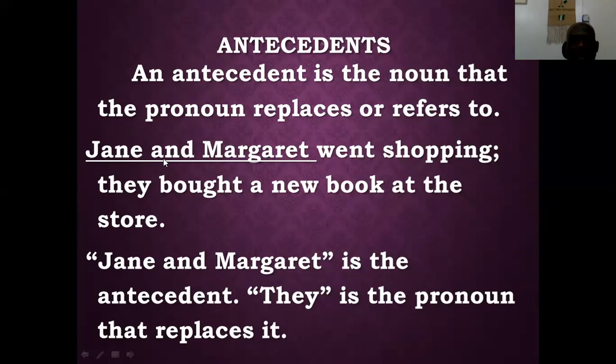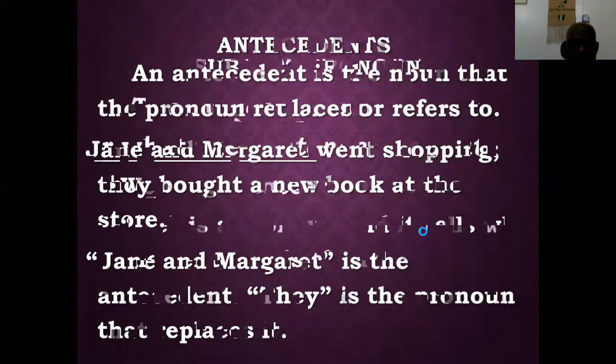They bought a new book at the store. Now, Jane and Margaret is the antecedent. They is the pronoun that replaces it. So see that before a pronoun is used, we must have employed a noun. We don't just use a pronoun without having employed a noun in a sentence.